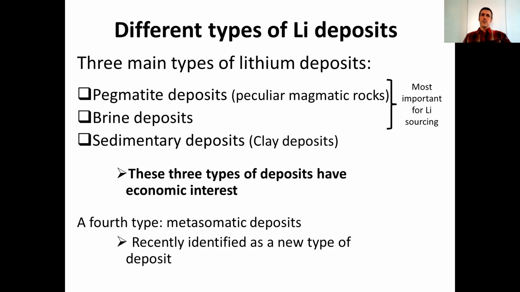So we can distinguish 3 main types of lithium deposits. The first type is pegmatite deposits. They are peculiar magmatic rocks. I already mentioned pegmatites in this lecture, and we will talk about them in detail a bit later.